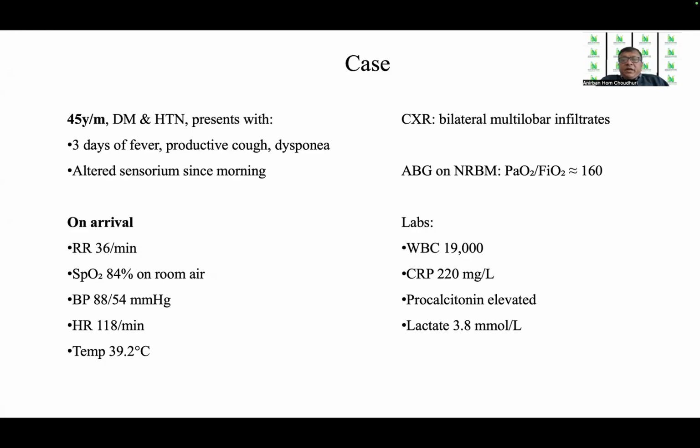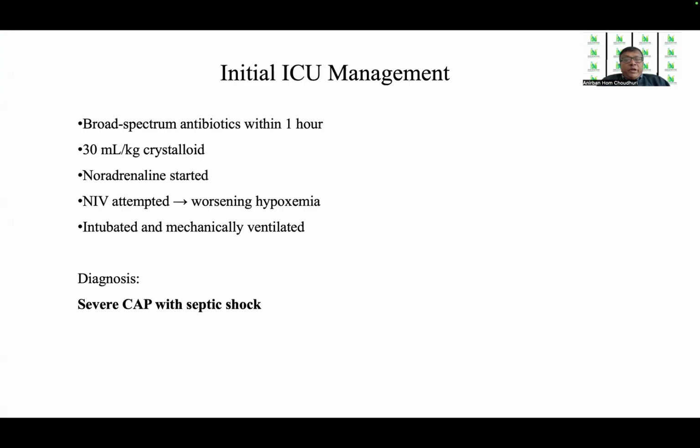The labs reveal a WBC count of 19,000, CRP of 220 milligrams per liter, elevated procalcitonin, and lactate of 3.8 millimoles per liter. So the patient is diagnosed as having severe community-acquired pneumonia. In the initial phase in the ICU, the patient is administered broad-spectrum antibiotics within 1 hour and resuscitated with fluids at 30 ml per kg of crystalloids.